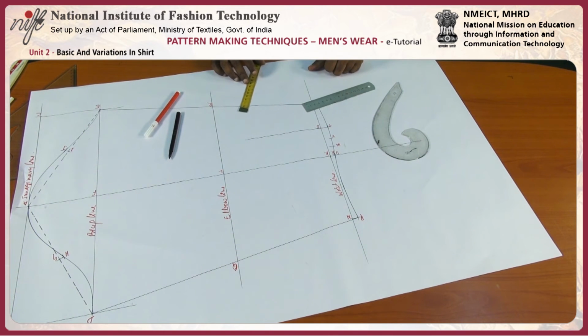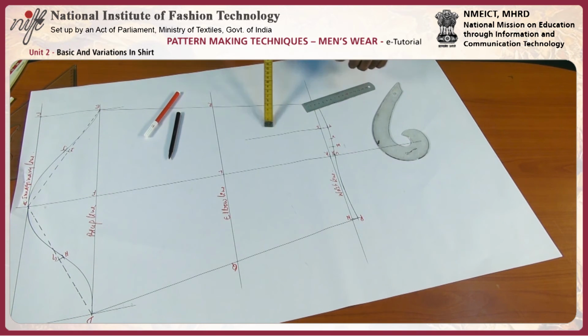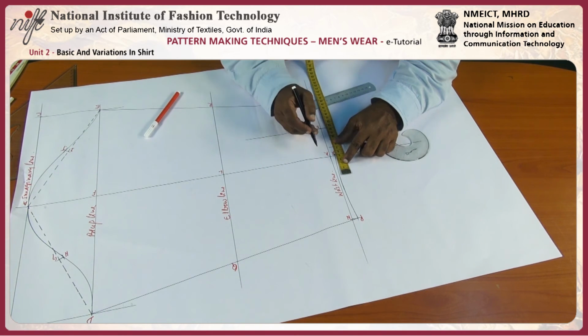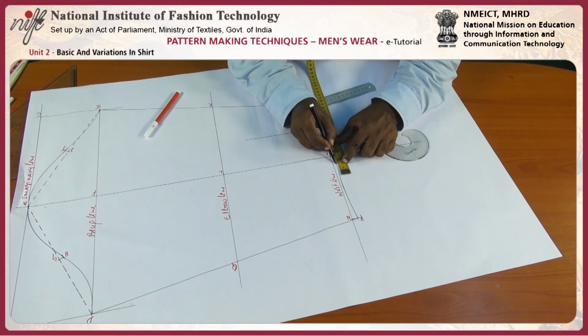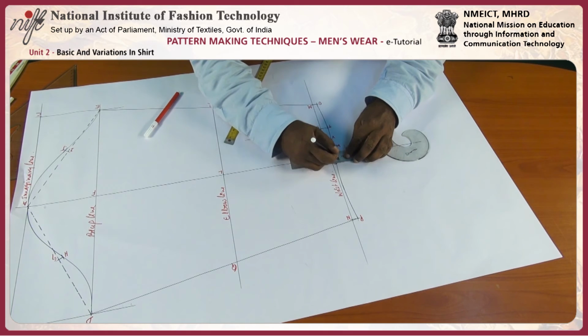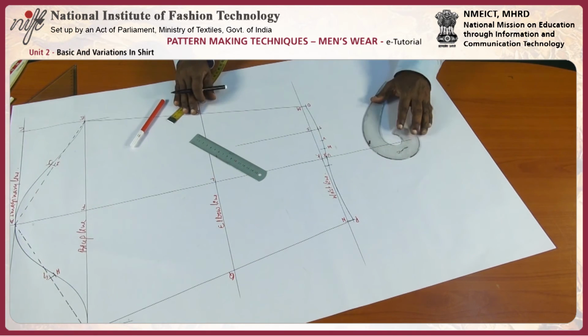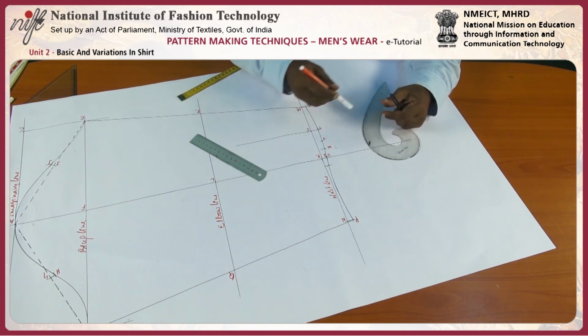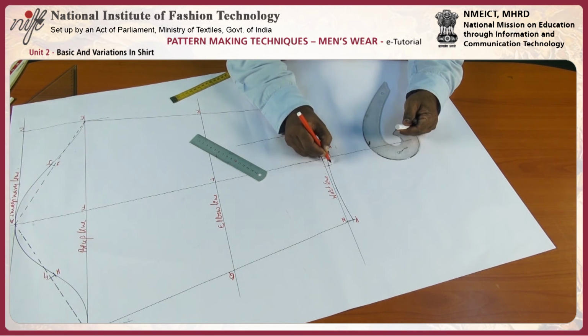From point X to Y, 2 centimeter, second pleat allowance or depth. Point Y.